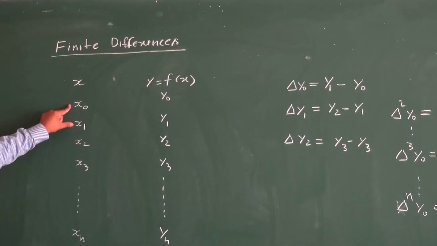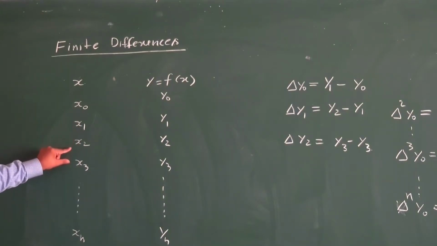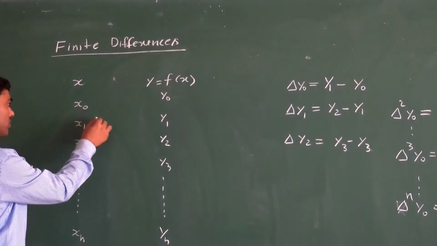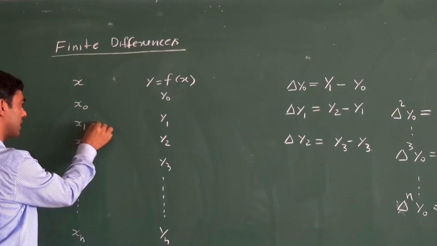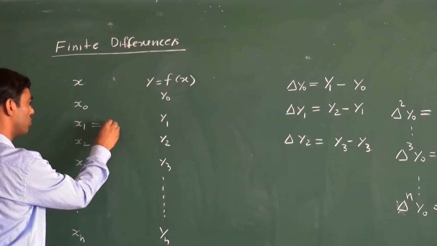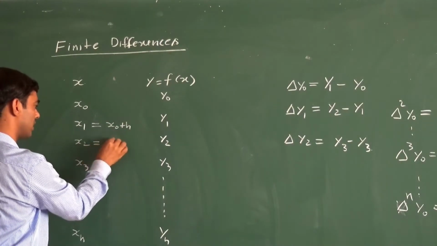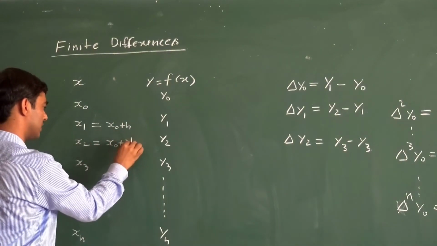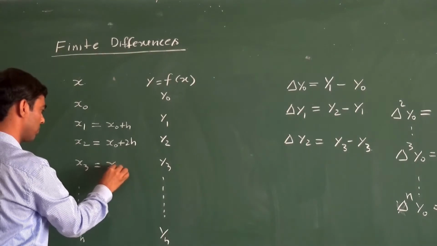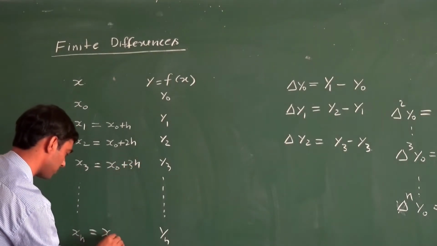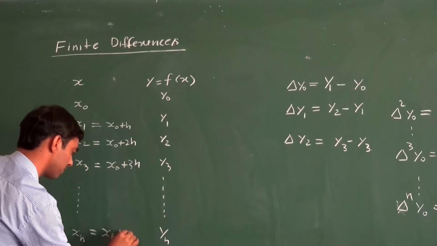If h is the difference, then x1 equals x0 plus h, this one is x0 plus 2h, this one is x0 plus 3h, and this one is x0 plus nh.